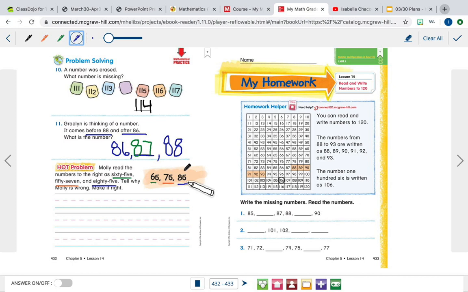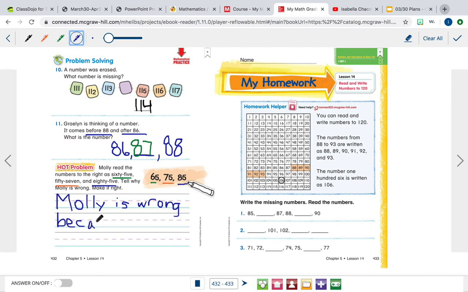So what I want you to do at home is write if Molly is wrong. So we know Molly is wrong. So Molly is wrong because, and then at home, I want you to write why she's wrong.